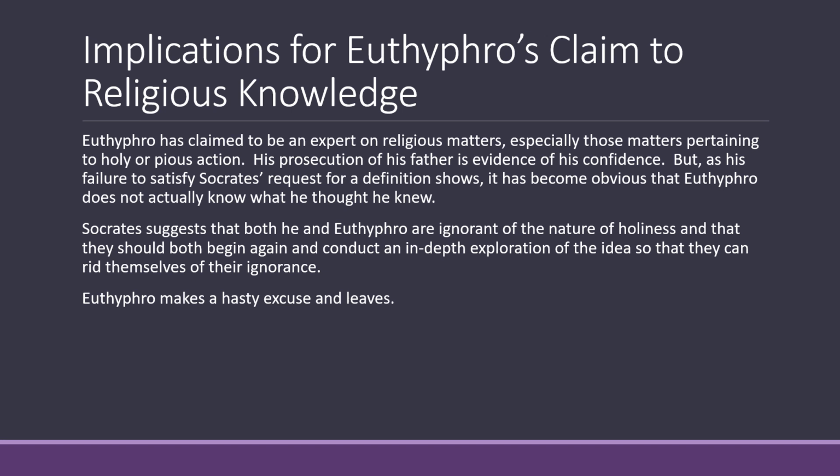It may seem that way at first. It may seem like Socrates is kind of a jerk in the sense that he just undermines everything that Euthyphro believes, but that's not the ultimate goal. The basic presupposition that Socrates is operating with is that the kind of knowledge that Euthyphro claims to have is of crucial importance.